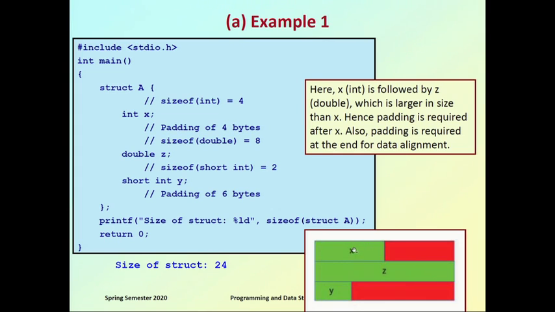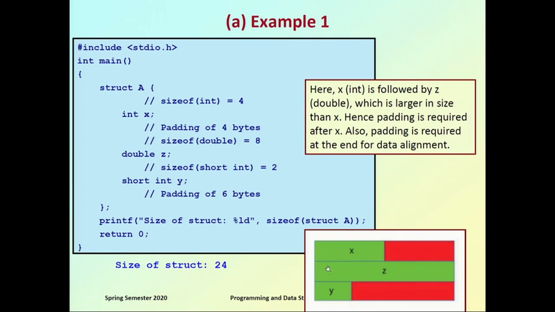Since x is 4 bytes and z is 8 bytes, 8 minus 4, this red color is my padding of 4 bytes. Now x with padding becomes 8 bytes. After that z is stored as 8 bytes.